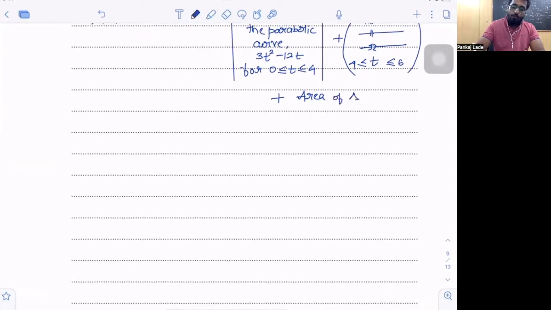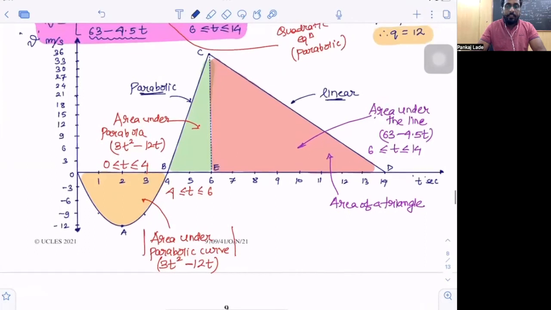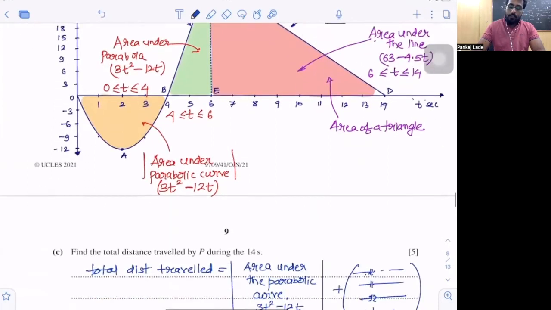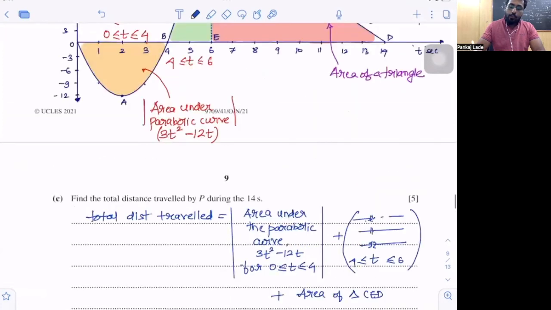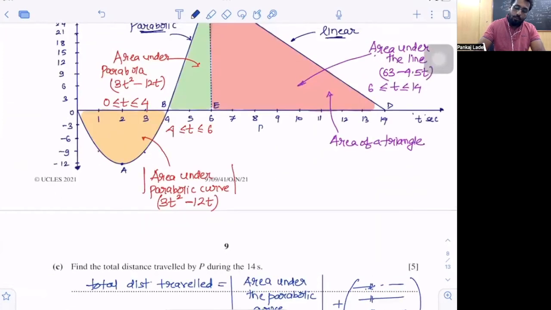So area of triangle CED, right? Area of triangle CED. So here what's the base for the triangle CED? Base is going to be from 6 to 14. That's 8 units, isn't it?